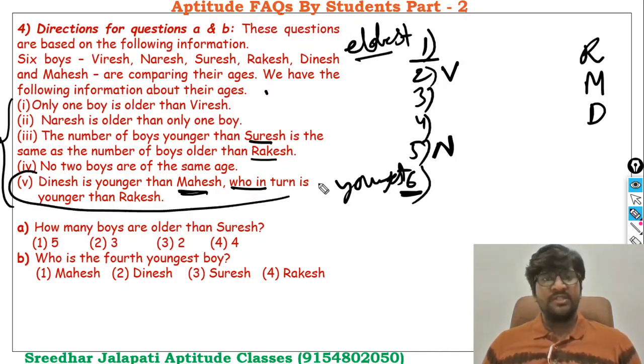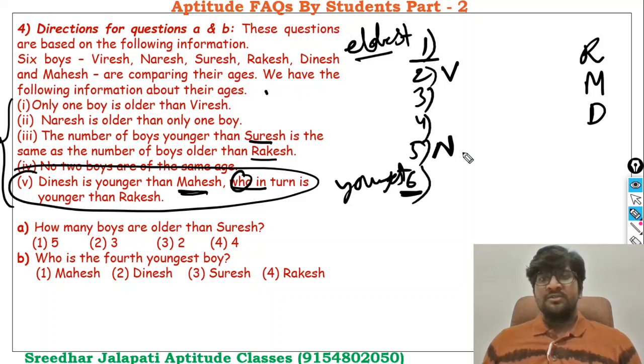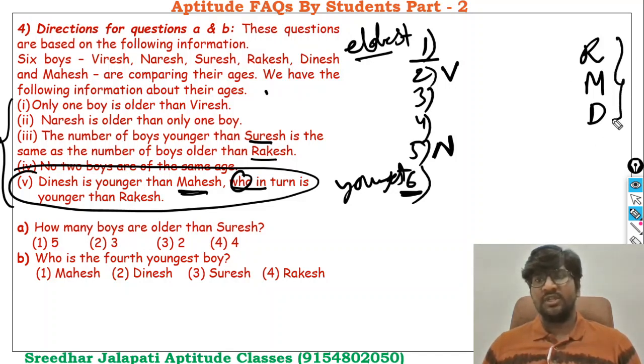The last point says that Dinesh is younger than Mahesh, and this Mahesh is younger than Rakesh. So out of 6 people, I know only Viresh's position and Naresh's position so far. And about Rakesh, Mahesh, Dinesh, I don't know exactly what their ranks are, but I know the order in which they should be in the ranking system.